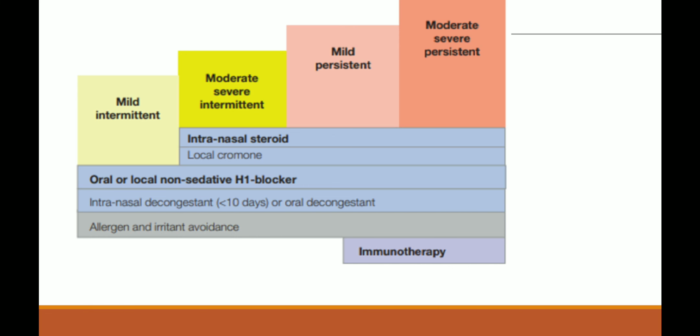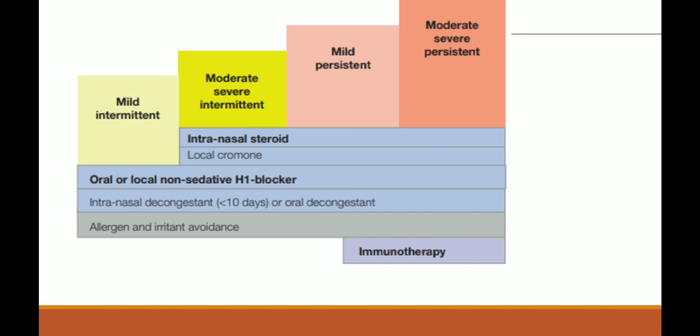After preventive therapy, if the patient is having symptoms, then start with intranasal decongestants for less than 10 days, for example xylometazoline or oxymetazoline nasal drops, along with an oral antihistamine. So an oral antihistamine combined with a topical nasal decongestant for less than 10 days. We will start with that for mild or intermittent symptoms.